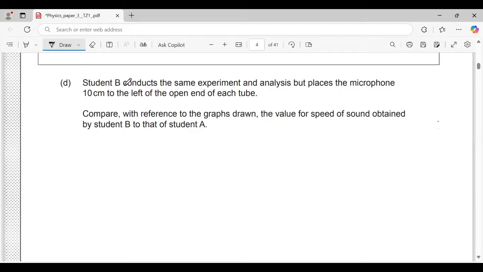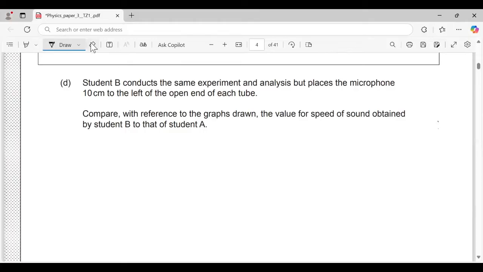So student B does the same experiment, but the position of the microphone is 10 centimeters to the left. Compare, with reference to the graph drawn, the value for the speed of sound obtained by student B to that of student A.